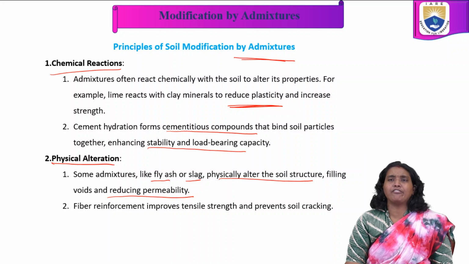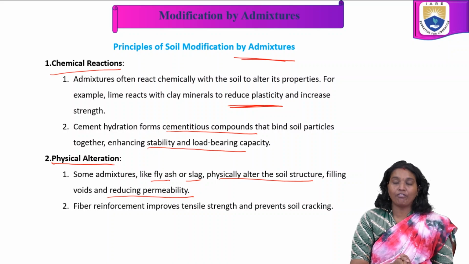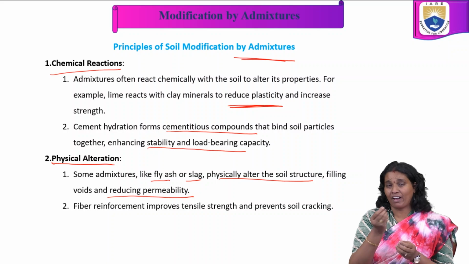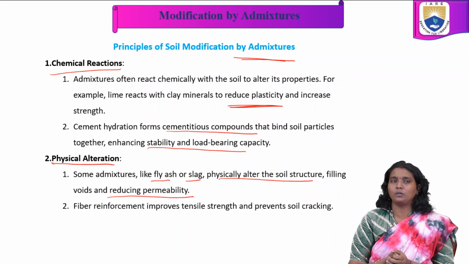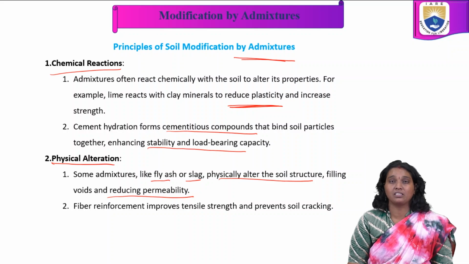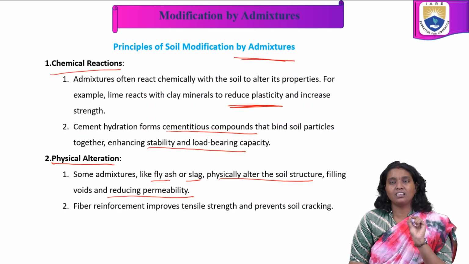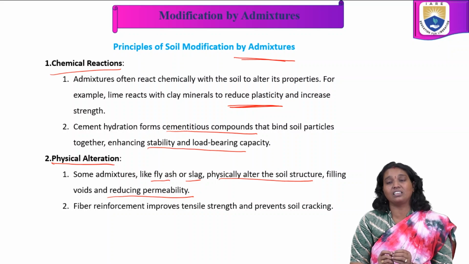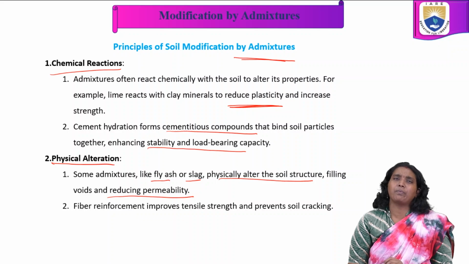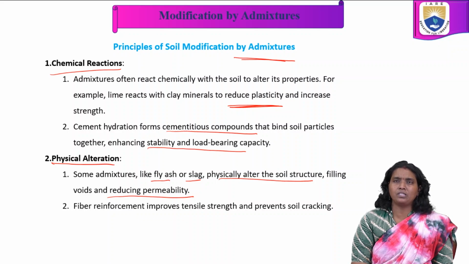Coming to fiber reinforcement, different fibers are available, those are synthetic fibers and steel fibers. These fibers give better reinforcement in terms of strength, in terms of tensile, and they prevent soil cracking. So these are the principles.